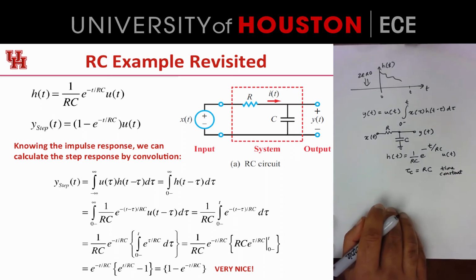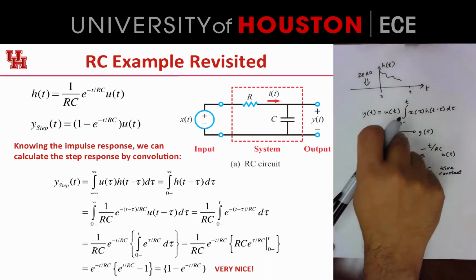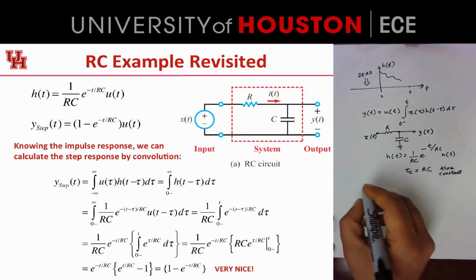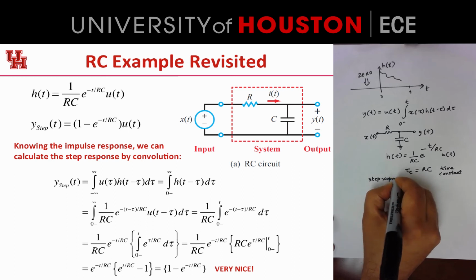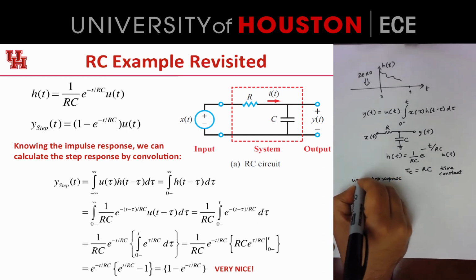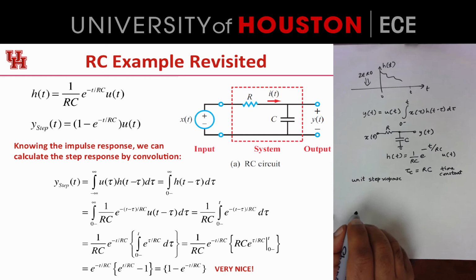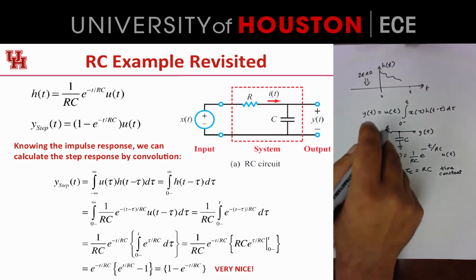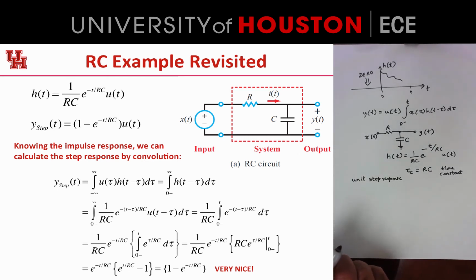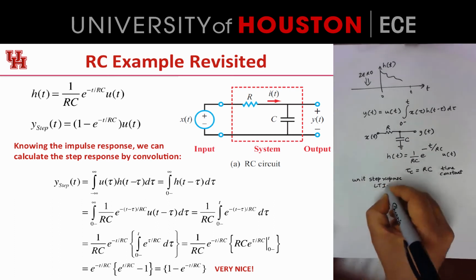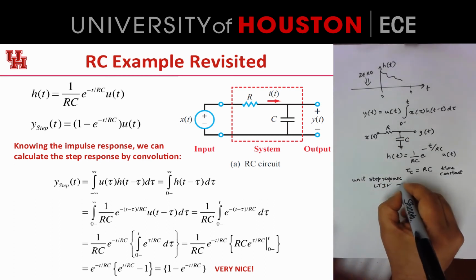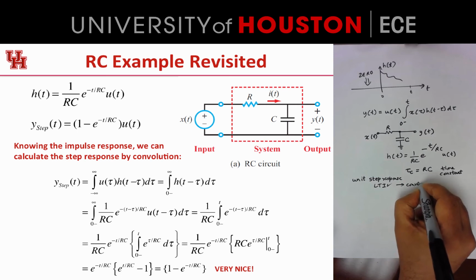All right, so now let's figure out what the response of this circuit is to a unit step. So we want to calculate the step response, or to be precise, the unit step response. Now this system is known to be linear and time invariant, so it's an LTI system, which means we can use convolution.